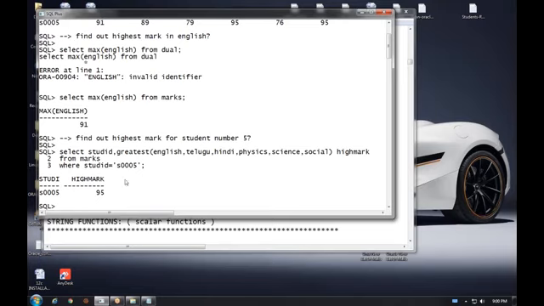So greatest is applicable on multiple columns? Yes. And max function, can I apply it on multiple columns like this? No. Max function is applicable only on a single column.